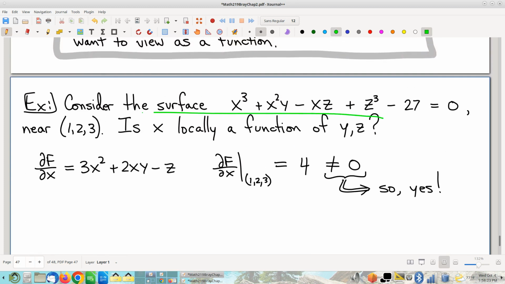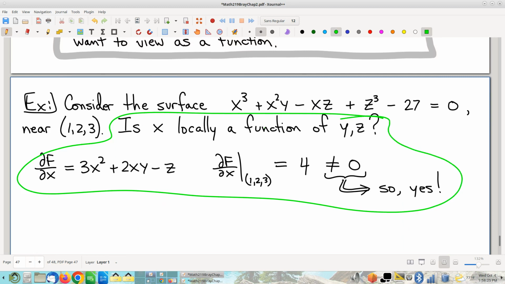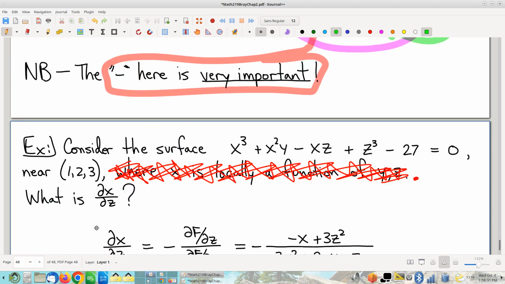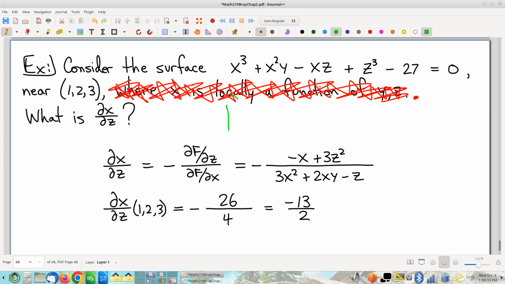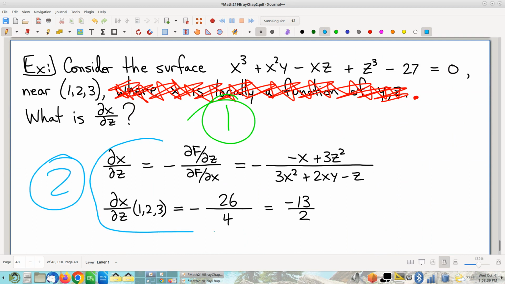and answer this question like we did here. This is step 1. All right. And then after having done step 1, that's the very first thing you do, step 2 is to then compute the derivative as we did here.